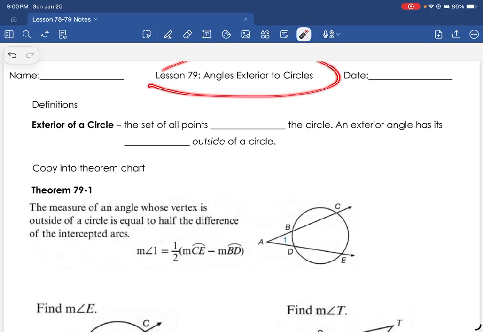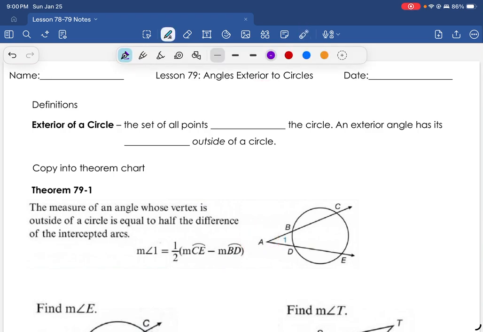Now, over here, they're asking us to find the measure of angle T, which is right here. We need to subtract the big arc minus the small arc, divide by 2. But notice how they don't give me a measurement for the big arc. However, they do give us these two arcs, and a full circle adds up to 360 degrees.